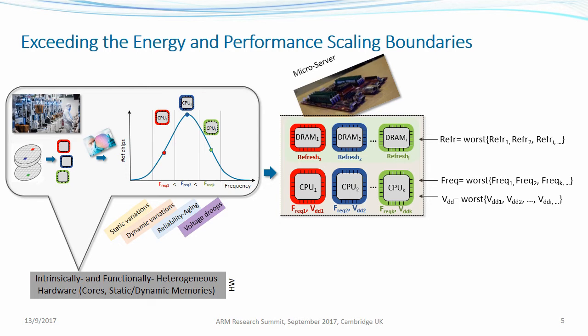So what do we currently do? We try to disregard this fact. And manufacturers try to disregard this fact. So you have different DRAMs and different CPUs, and they can work at different voltages, different frequencies, different refresh frequencies. And what we actually do is we get the worst frequency of all parts, and we use that as the nominal frequency, or we get the worst voltage of all parts and we use it as the nominal one.